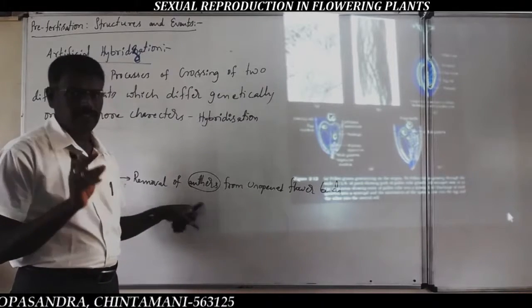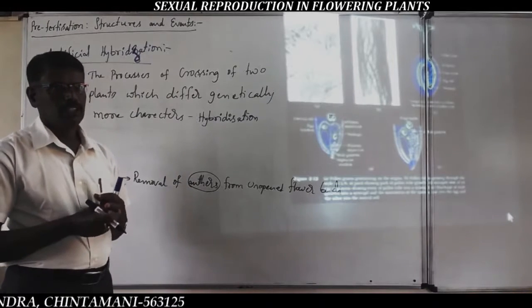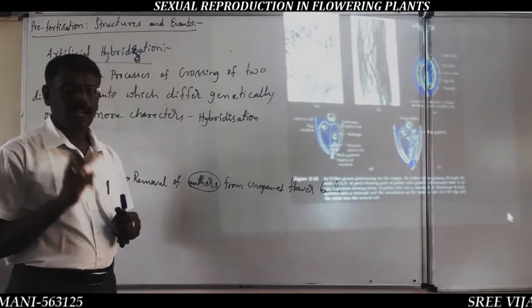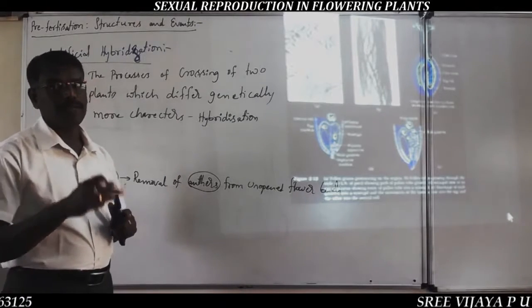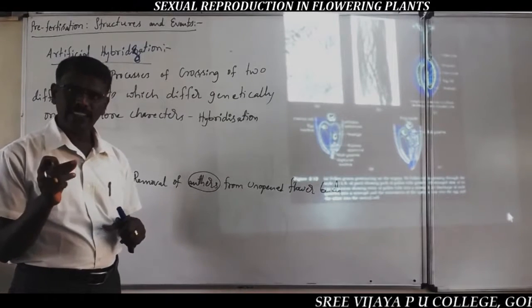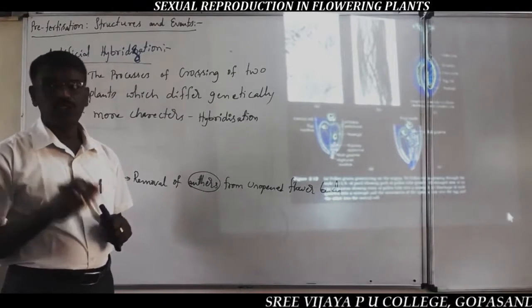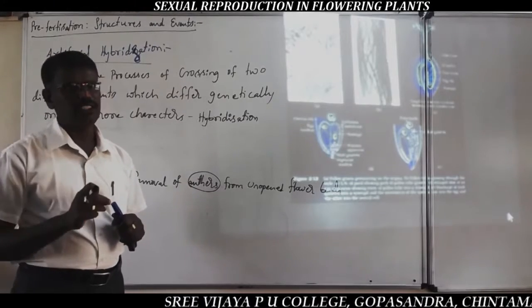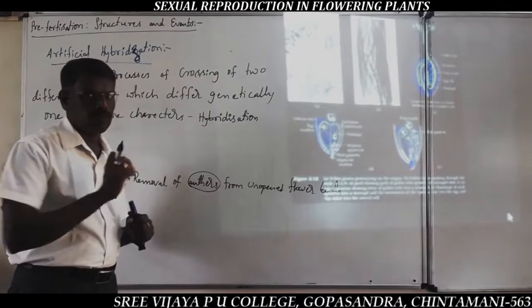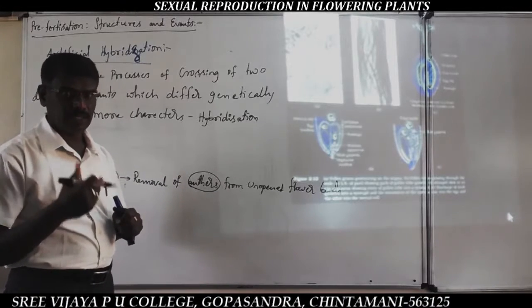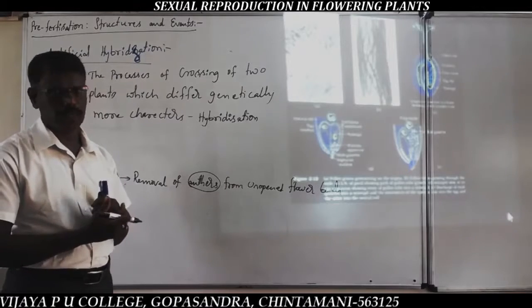Because the male parent has the desired character, we collect its pollen grains and cross them to the female, to get the desired characters or desired product.